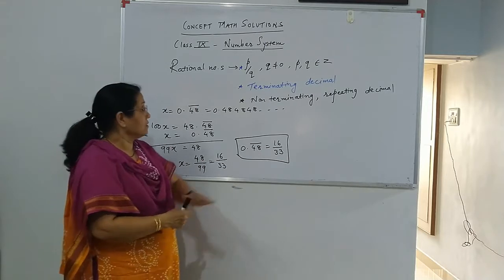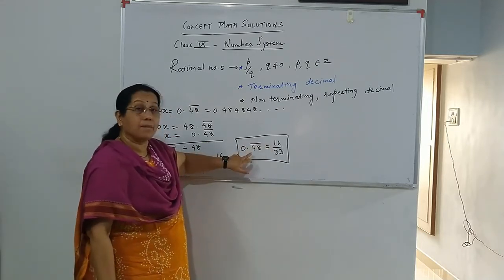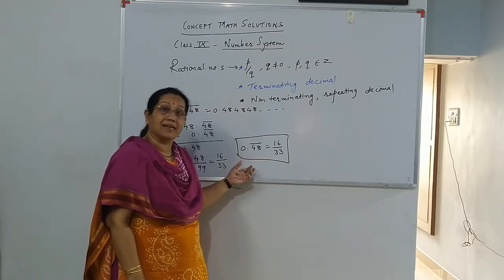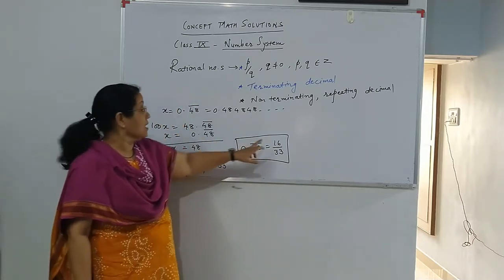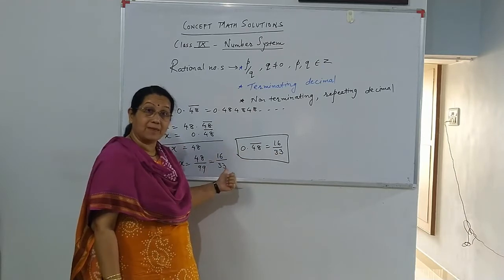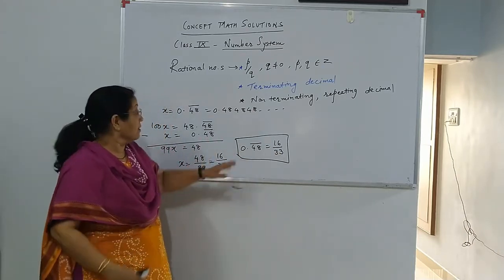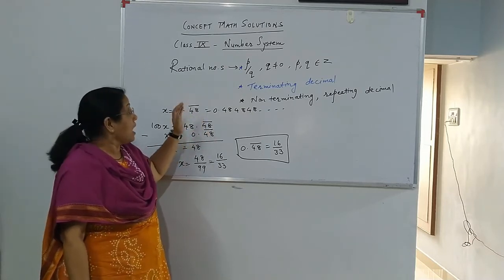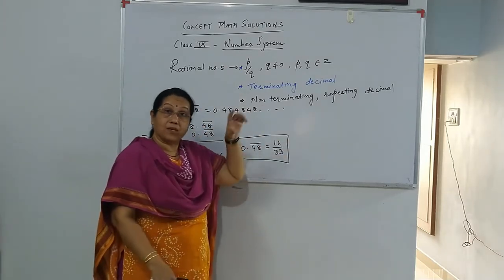If I have to convert 16 by 33 to decimal form, I will divide 16 by 33. We all know this p by q form to decimal form. Now we are going backward. That is, we have a non-terminating repeating decimal number and we converted it into p by q form.